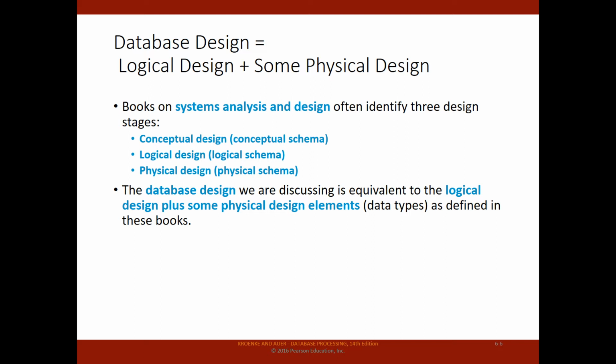So again, the systems analysis and design books identify those 3 types of designs: the conceptual design, logical design, and physical design. As you can see here, what we will talk about today is the logical design as well as some elements of the physical design.